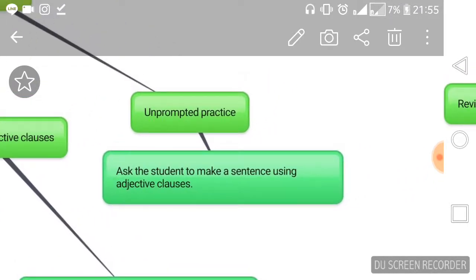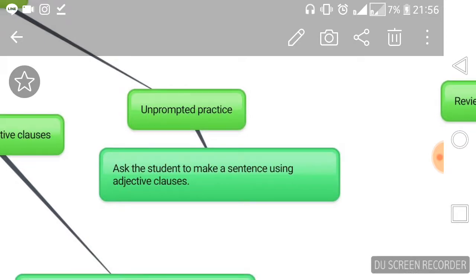Please make three sentences that consist of, the first one is the sentence using which, and the second one the sentence using who, and the third one the sentence using whom. I'm not asking you to use that because I think that it's too easy, right? So let's do your work to make 3 sentences.